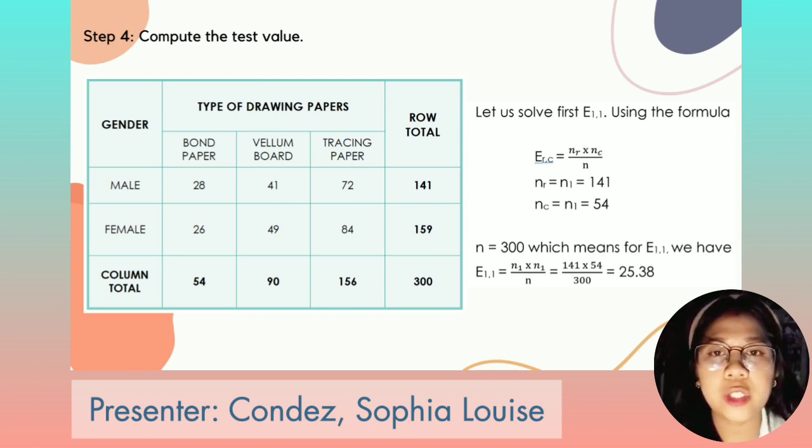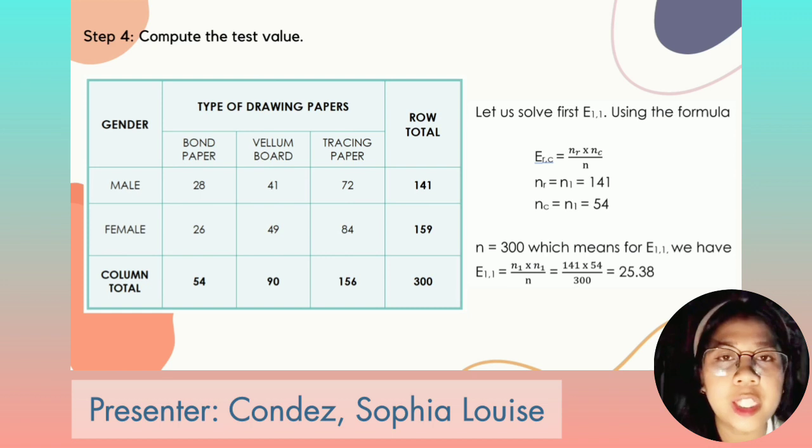So now, let us compute the test value. First, let us solve the expected frequency 1, row 1, using the formula below. Our expected frequency 1, row 1 is male. So now, let us distribute. The expected frequency for a row and column is equal to the number of rows times the number of columns over the total number.